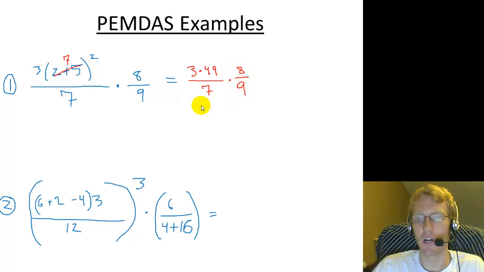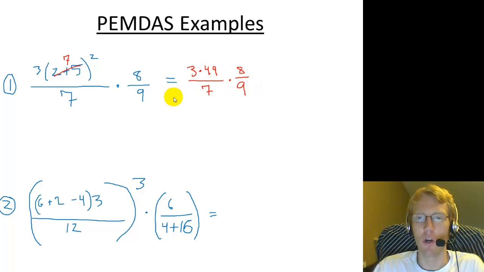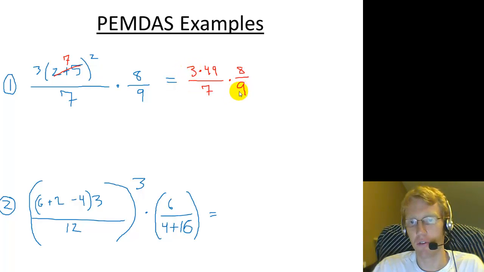Okay, so we've gotten rid of the parentheses and the exponents, so now all we have left would be multiplying and dividing, adding and subtracting. Well, there is no addition and subtraction in this problem, so all we have is multiplying and dividing, and we can do that left to right. When all you have is multiplying and dividing, you can combine things together. For example, this 3 and this 9 can reduce to a 1 and a 3, and 49 and 7 can reduce to a 7 and a 1.